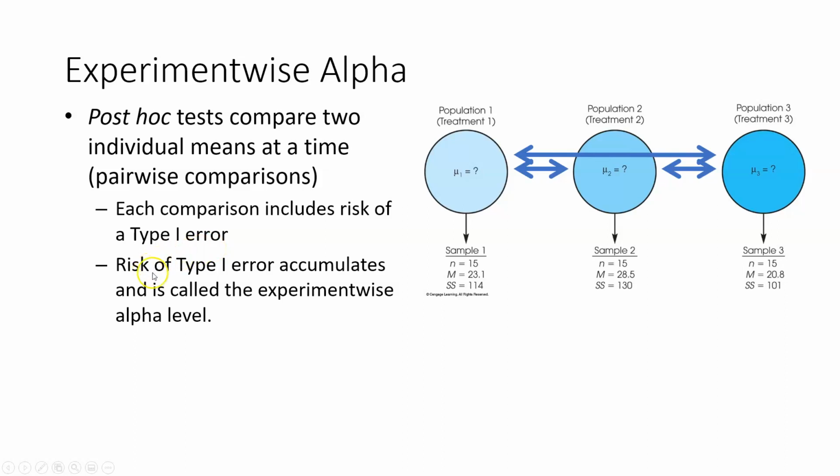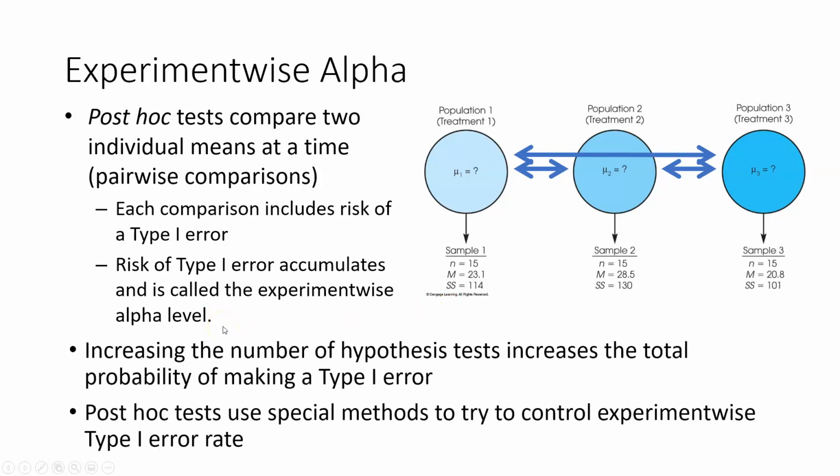In this situation, the risk of type 1 error accumulates and is called the experiment-wise alpha level. In other words, across your entire experiment running multiple tests, you've got the alpha of 0.05 plus the alpha of 0.05 plus the alpha of 0.05, and you end up with an inflated error rate of 15% of the time.